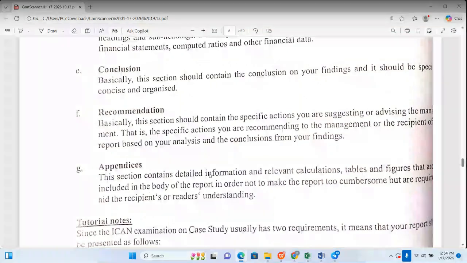But they just said something on COVID-19. In the process of analyzing it, with those stuff that I gathered, I will get to know that the effect of COVID-19 is what actually affected their profitability. Then what should they do? That is what we are saying in the recommendation.